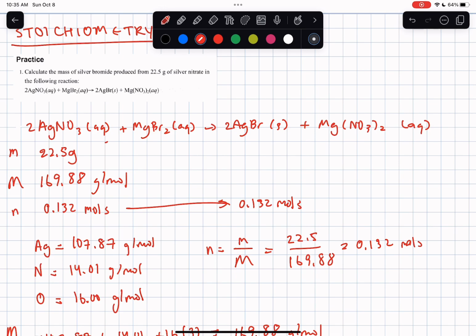Okay, so now 0.132 moles, we want to multiply it by the molar mass of silver bromide.